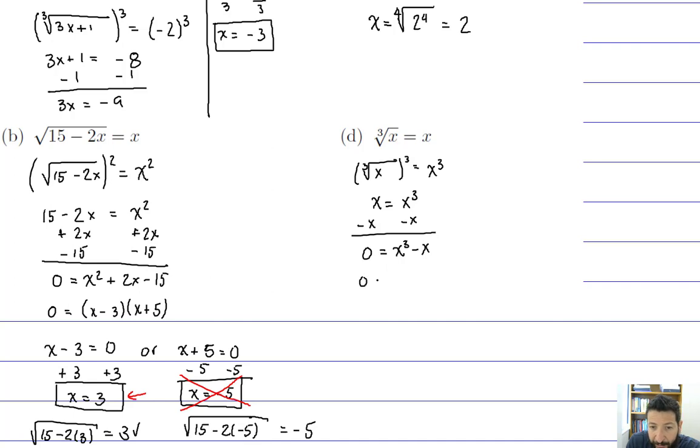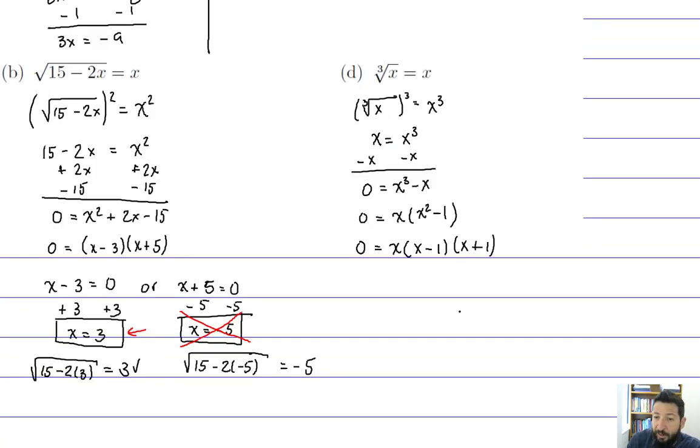Then you factor, pull a common factor x out of this one, so x squared minus 1. And then you have a difference of squares to deal with, so you factor it further, x minus 1, x plus 1. And now you have three numbers, x, x minus 1, and x plus 1, that multiply out to 0. So that means that at least one of them gotta be 0.